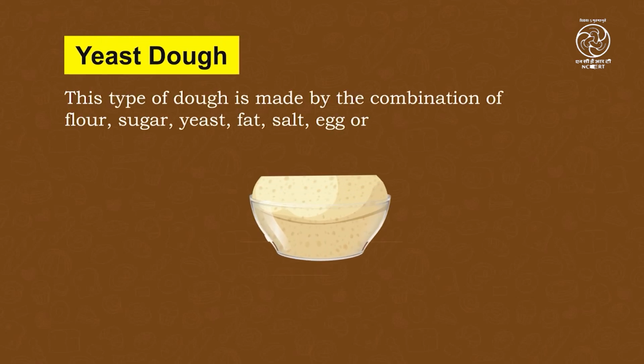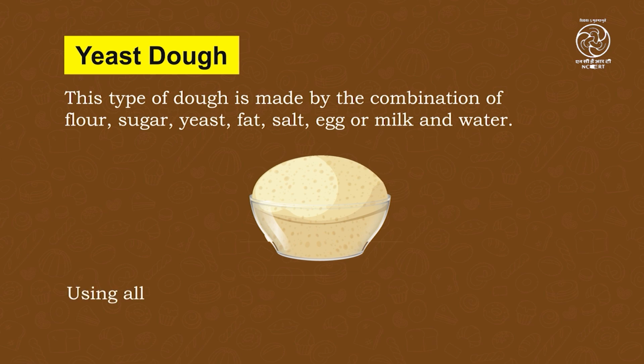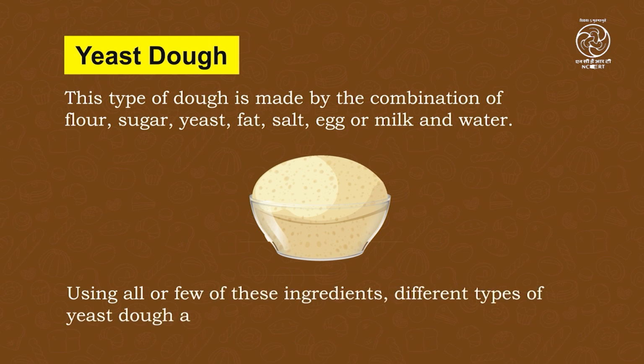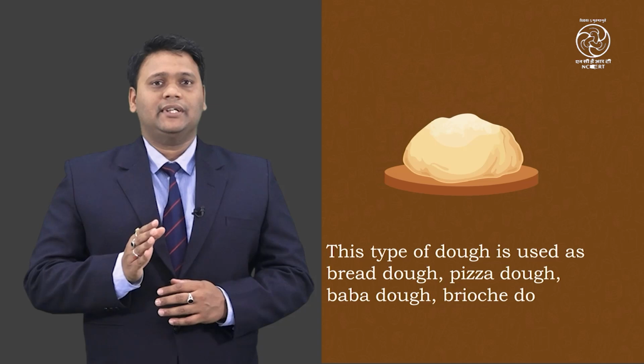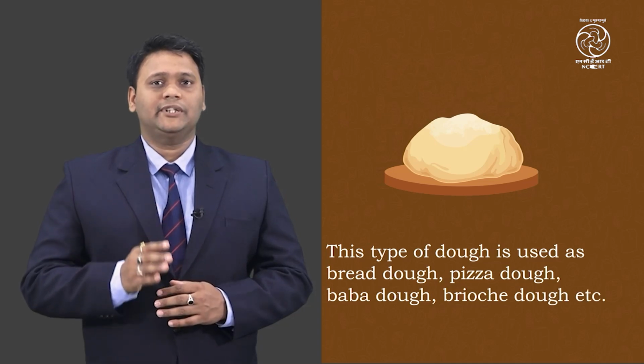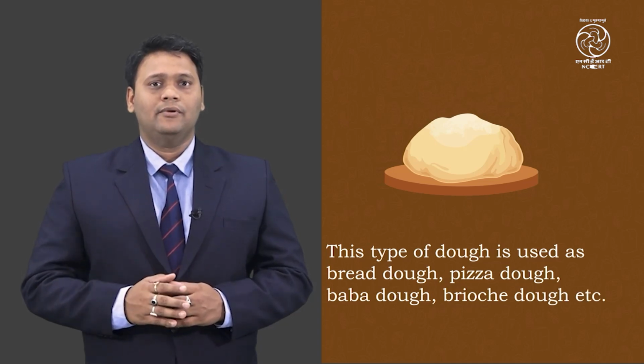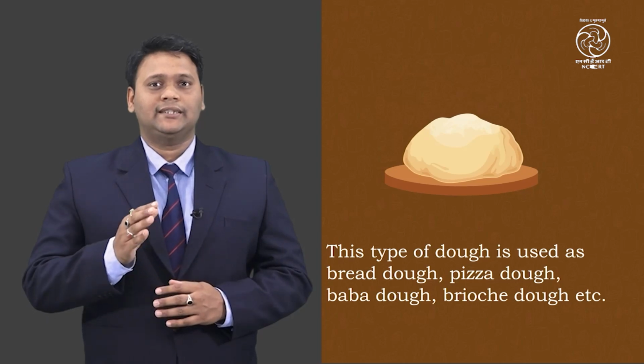This type of dough is made by the combination of flour, sugar, yeast, fat, salt, egg or milk and water. Using all or few of these ingredients, different types of yeast dough are prepared. This type of dough is used as bread dough, pizza dough, baba dough, brioche dough, etc.